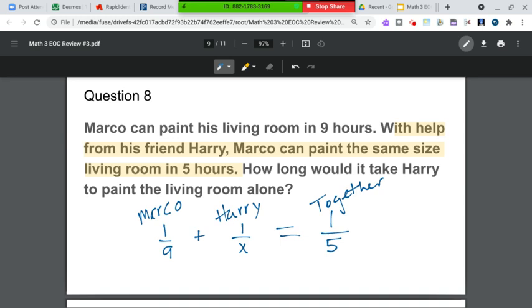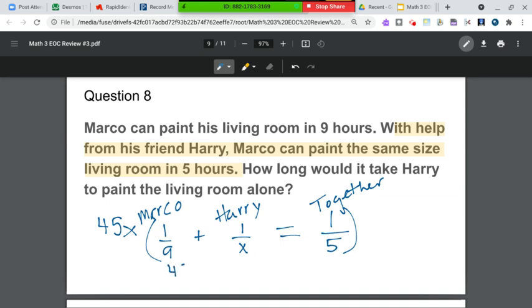You have denominators of 9, x, and 5. You establish a common denominator. What do 9 and 5 both go into? 45. So we're going to make a big parentheses around everything and multiply everything by 45x.